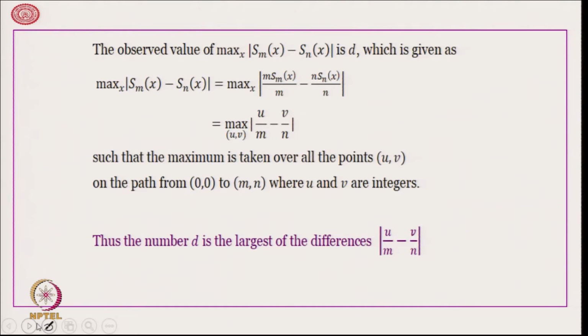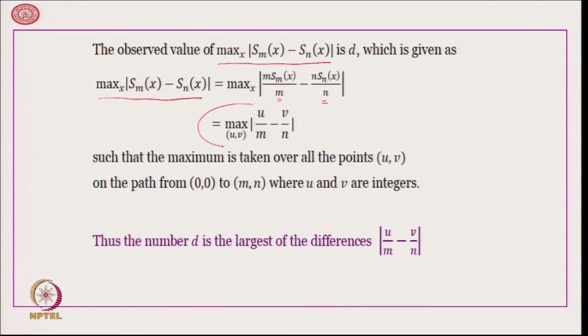Therefore, the observed value of the maximum over x of S m x minus S n x is d, which is given by the maximum over x of m S m x divided by m minus n S n x divided by n. We have multiplied numerator and denominator. Now, m S m x is u and n S n x is v.